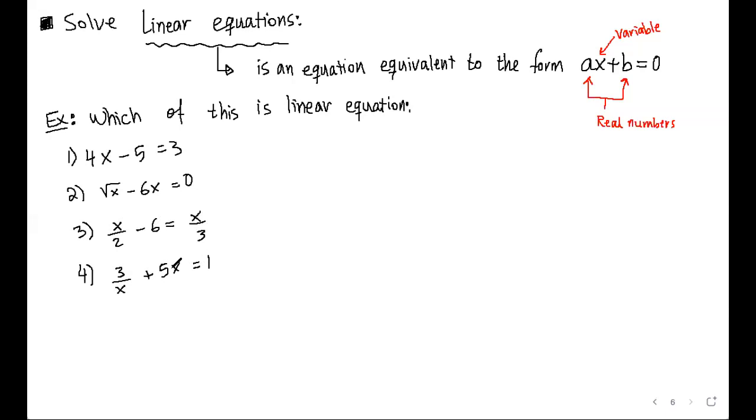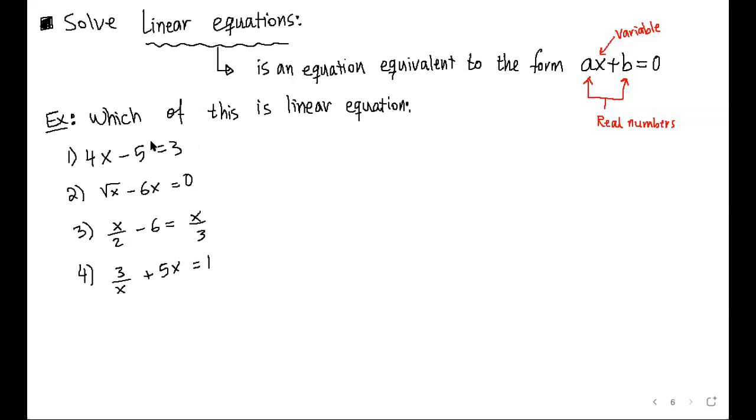So I have to ask myself, which of these equations 1, 2, 3, 4 are equivalent to something like ax plus b equals 0? Or I have to ask myself, which of them has highest exponent 1 or 0 only? The exponent for the first one is 1 only, so the first one is a linear equation.